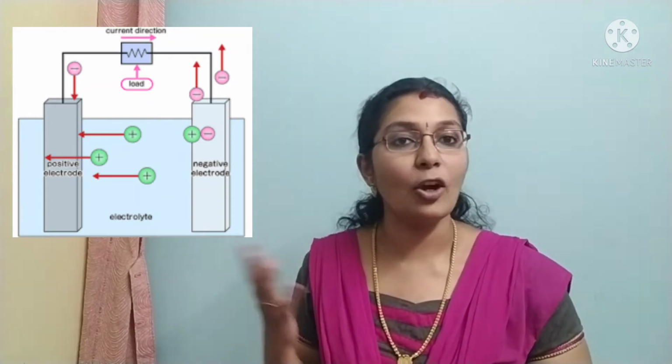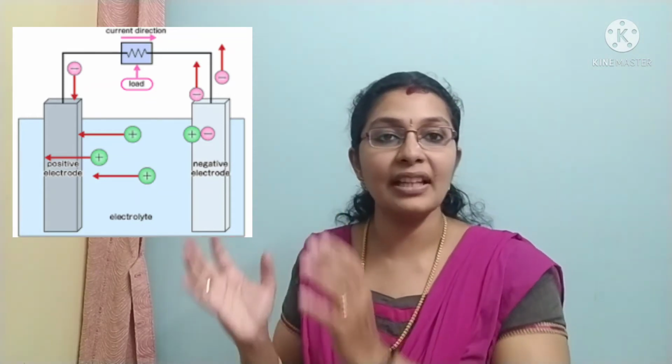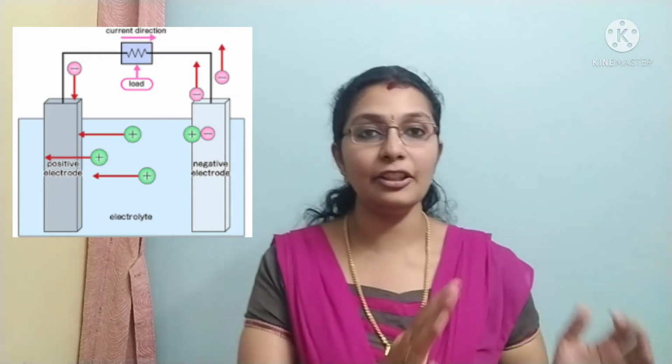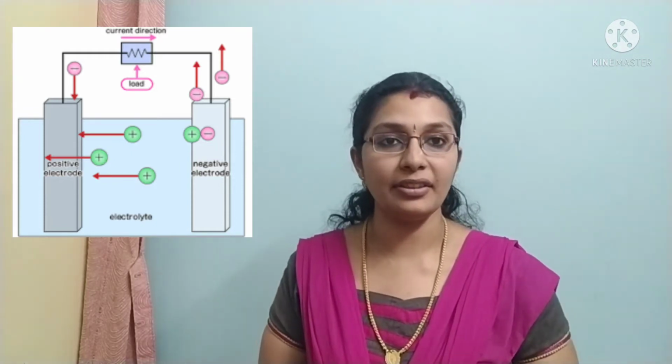That is, as I already told you, the positive charges are with high potential and the negative charges are with low potential. So, a potential difference is created. As soon as you connect the battery to a circuit, what you will find? You can find the electrons start flowing in a particular direction, thus causing the flow of current towards the positive terminal. Clear? So, this is how it generates electricity.